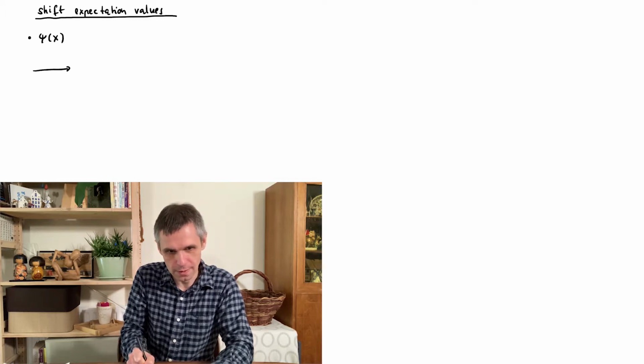And this is really just as simple as saying that if you have a wave function psi of x, which might look like this, and then you consider the wave function shifted in position.